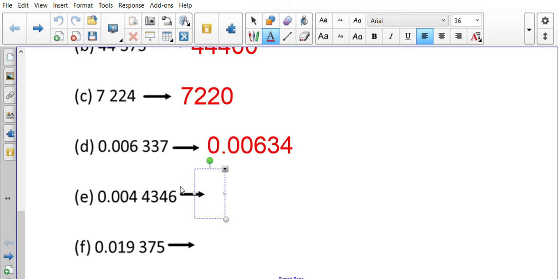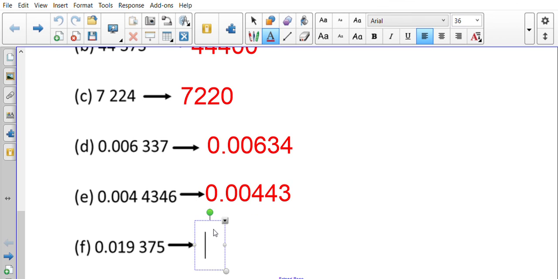The next one, find your first significant figure, it's the 4, second is the 4, third is the 3. Look ahead to your fourth, which is a 4, which means your 3 can stay the same. So 0.00443. It's your final answer.